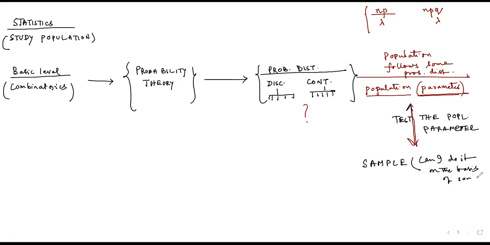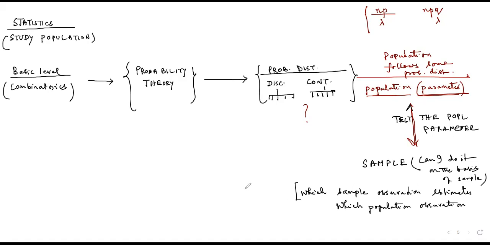That means which sample observation estimates which population observation. That we have to know. This is very important. So for this, we study the estimation theory.